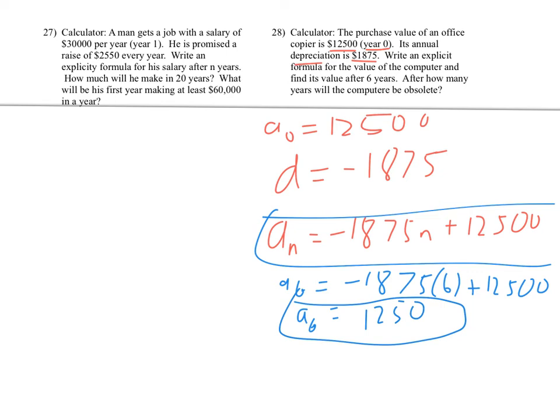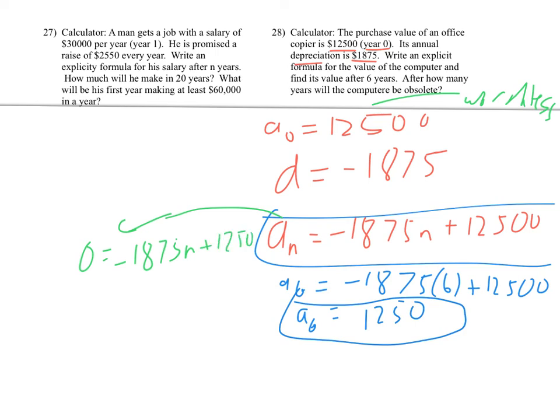And so then the last question says, when will it become obsolete? So that's like really worthless. And so I'm going to plug that in for a sub n. So the value of it is 0. When will this happen? So I'm going to add the 1875n over to the other side. I'm going to divide by 1875.